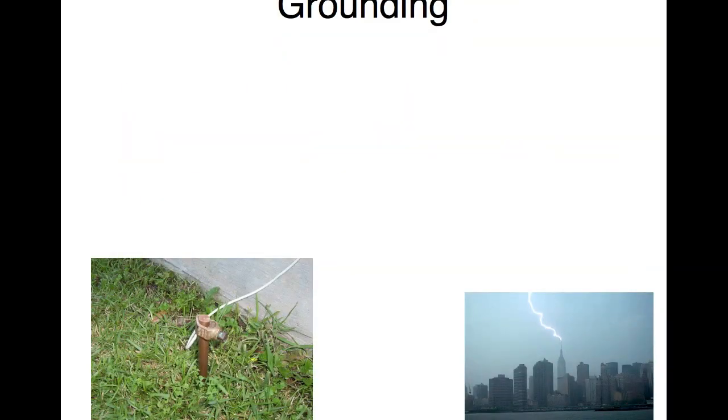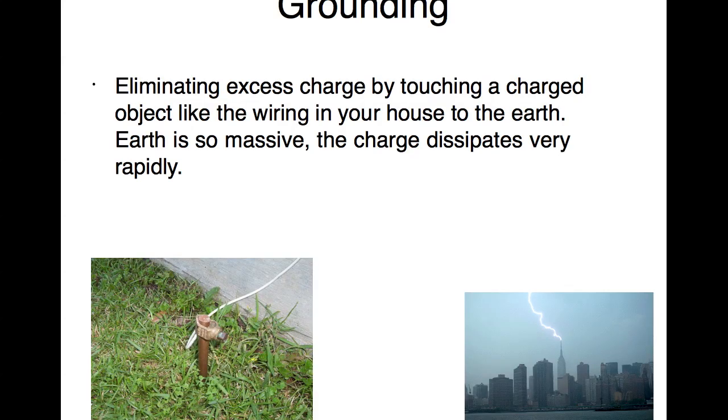So let's talk about grounding here. As you can see on the left side, you have something put into the ground from a lightning rod, because lightning is a form of charge, and if you have a good conductor, you bring it down to the ground, and the charge will eliminate all its charge into the ground, because the earth is a really good insulator.